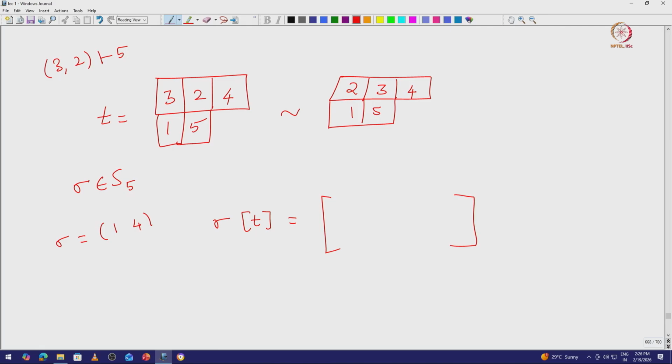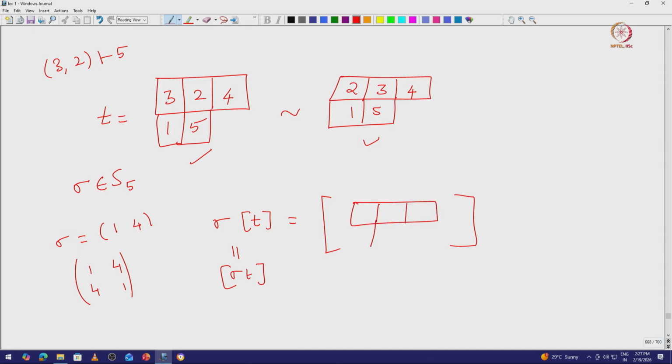So it is just sigma t. You can see that 1 goes to 4 and 4 goes to 1, and all other elements are fixed. I can apply it on either representative. Let us see what happens if we apply it on the first one.